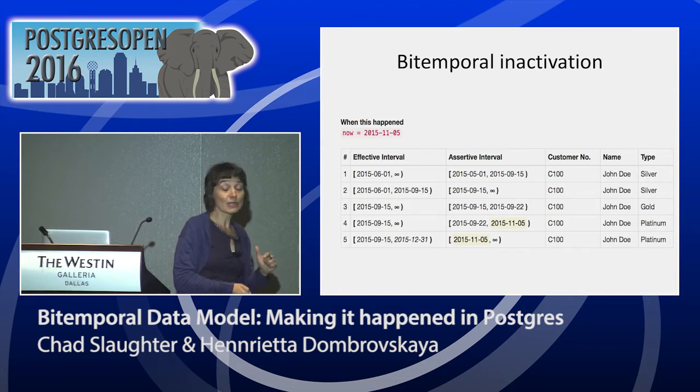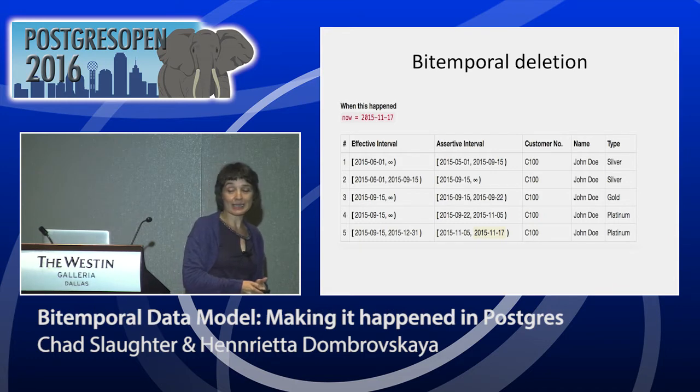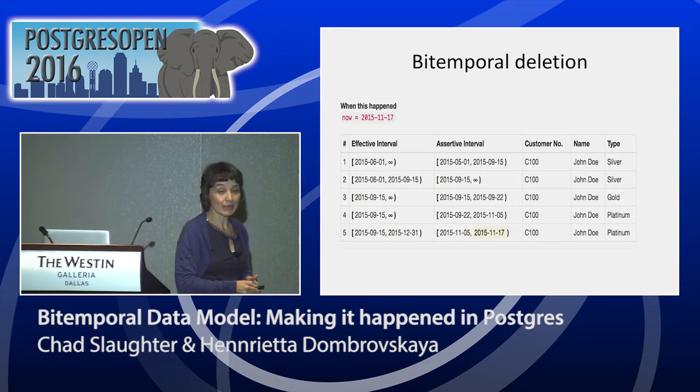Now, when we actually want to delete and still keep an audit trail of, okay, we deleted it, but we still want to know what it was here, that's how we do it. We do bitemporal deletion. And you can guess now how we're doing bitemporal deletion, because that's about changing the asserted interval. So today is November 17th, and now we want to delete this customer for good.